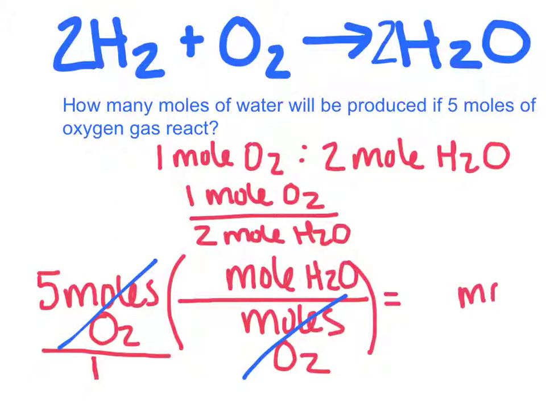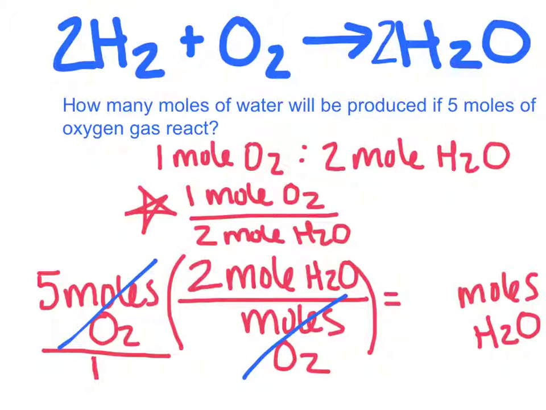And therefore, because it's the only thing that's not canceled out, it has to be what my answer is in. So notice I'm filling in the units and the substances before I fill in the quantities. Now, I just have to look to the coefficients to fill in these numbers. And I wrote it right here. Okay? Of course, I had to flip it, but there's 2 moles of water for every 1 mole of O2.